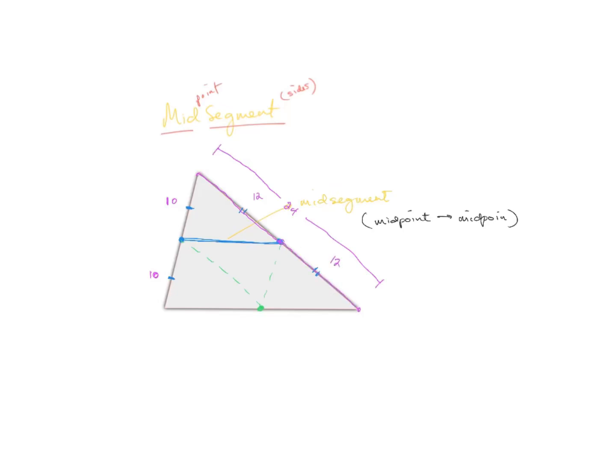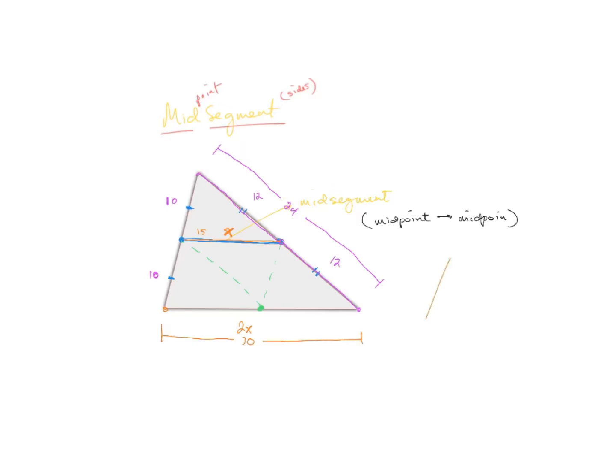And another thing you could tell from it is that this midsegment will always be half of your base. So if this midsegment is 15, then that means this base is going to be 30. It'll be double.